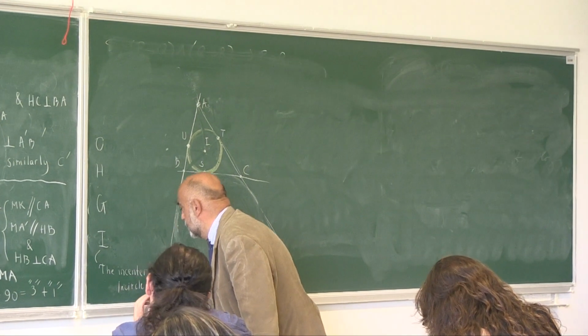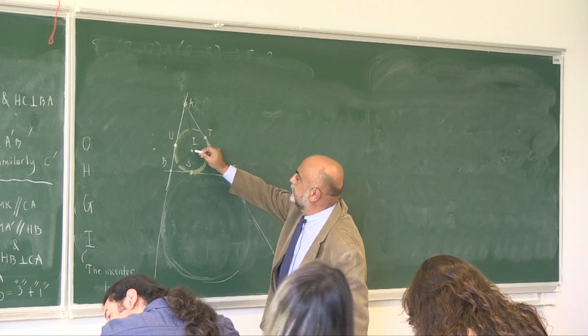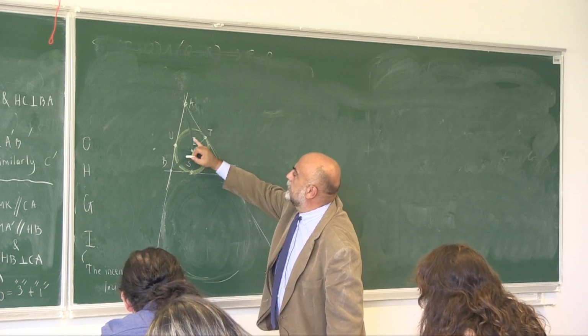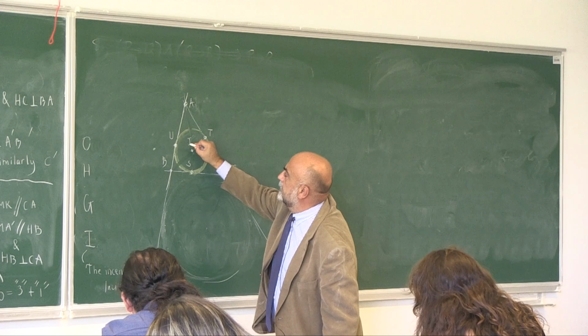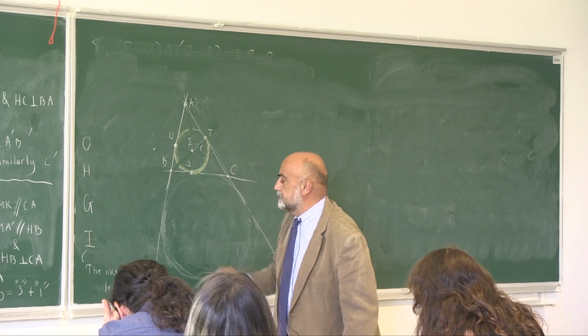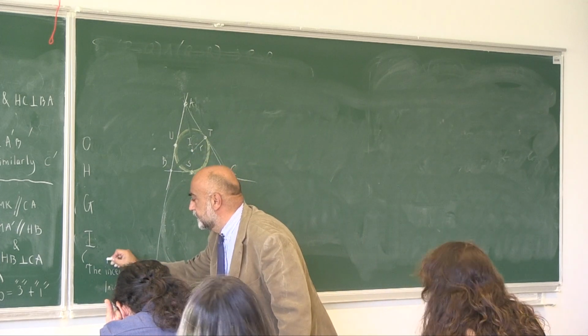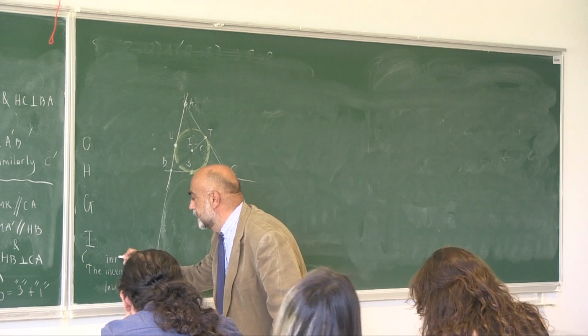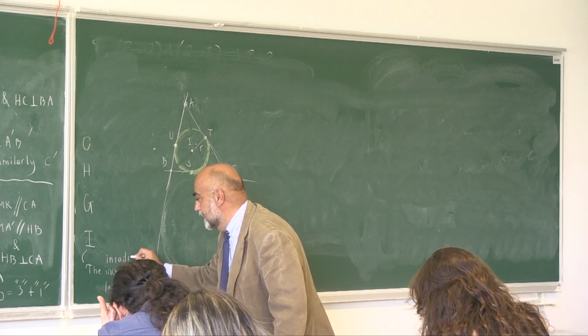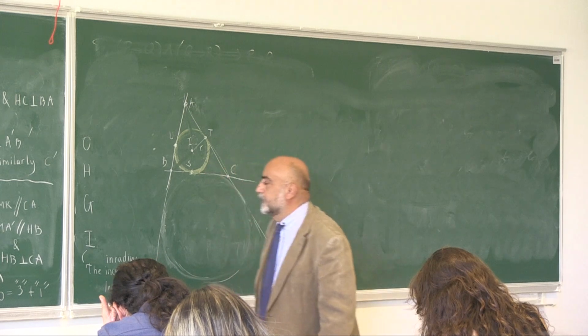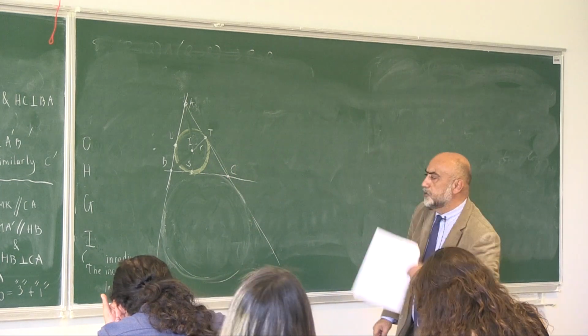And the radius will be usually denoted by small r, which is referred to as the in-radius, surprisingly. So it's an easy piece of terminology.